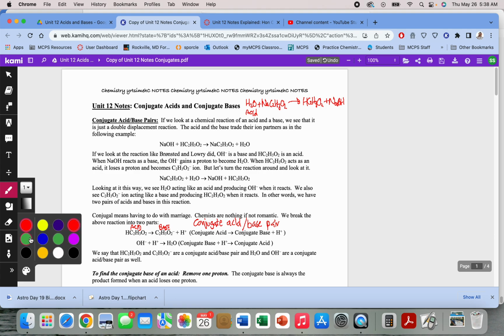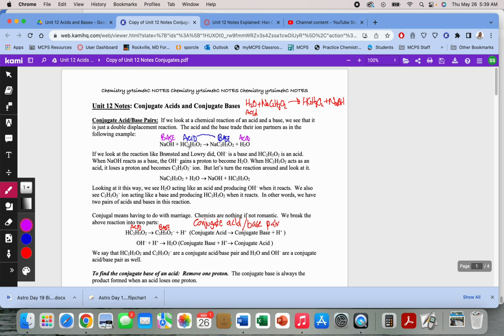Let's color code this boy. And so here was our original acid, and here is its conjugate base, right? And so this is a conjugate acid-base pair. But I also have this base and this acid.